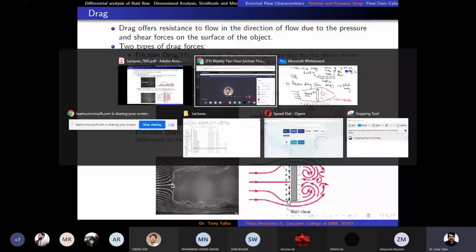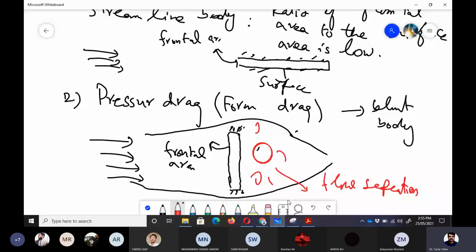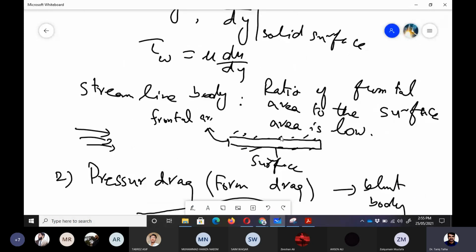If we go back a little bit to the first point, here, if you look at this flat plate, can you see this figure? What is the frontal area? Let me show you.